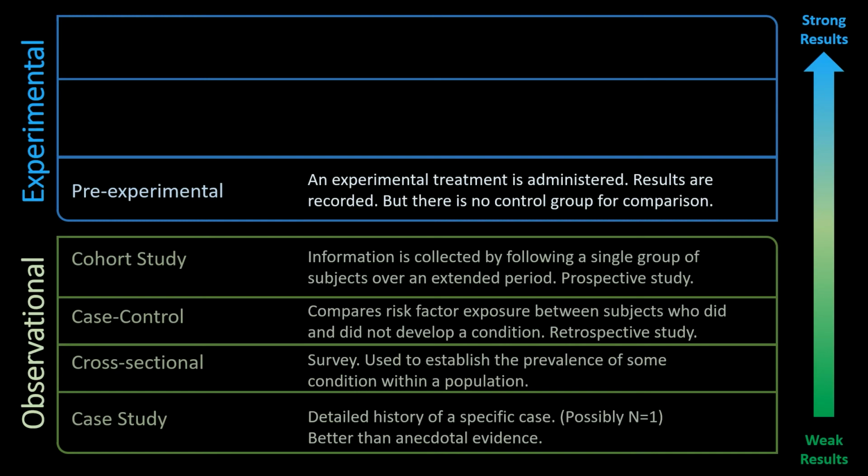This is a situation where you have, say, a group of people and you give them all baby aspirin, and it seems like they have lower rates of heart disease as a result than typical for, say, men of their age category, but you didn't have a control group for comparison, so these are not rigorous experimental results, but a pre-experimental setup like this might highlight some interesting ideas that you could look into in the future.